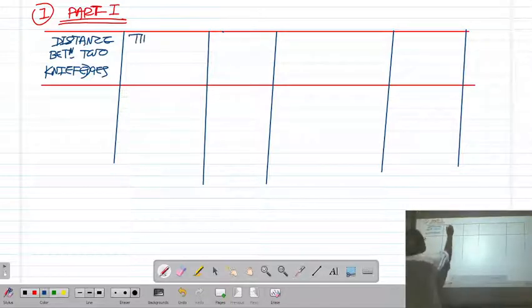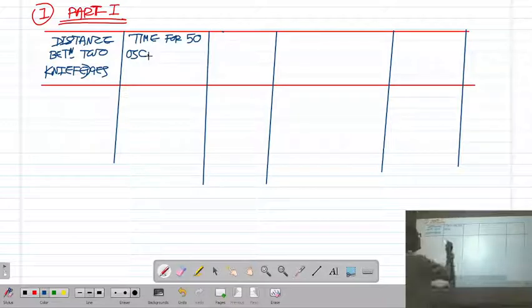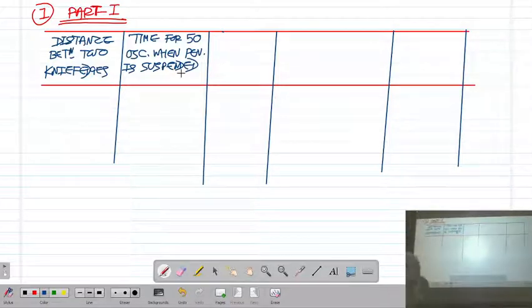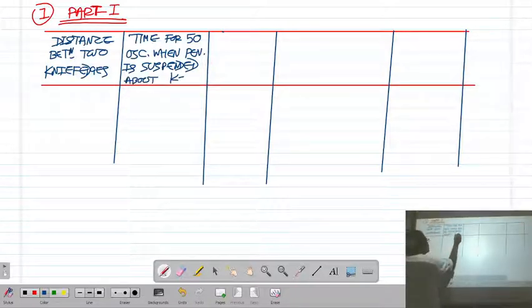Here we will measure the time for 50 oscillations when the pendulum is suspended above knife edge K1, that time is p1.